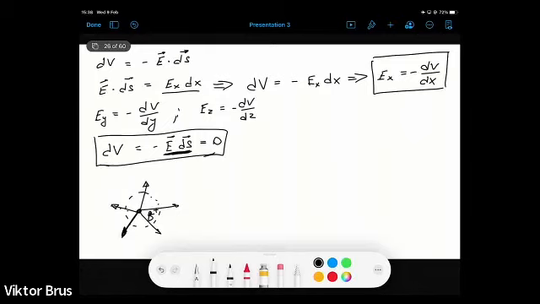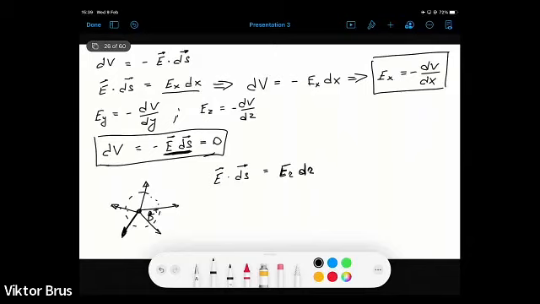And if we consider this spherical symmetry, this product E vector times ds vector will be Er times dr. That will be the electric field vector magnitude times the change of the position vector r.